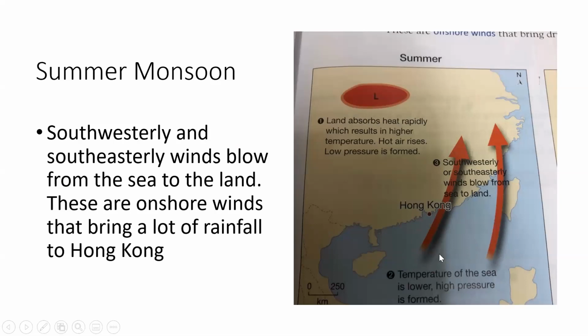Okay, why? In summer, the land absorbs heat very quickly. 陸地吸熱大，吸熱快，所以咧就會溫度上升。When the temperature is high, low pressure is formed. 氣壓低啦，so hot air rises.